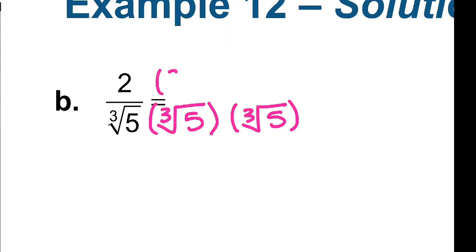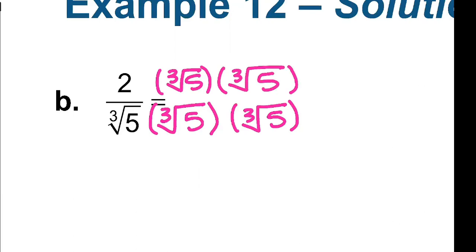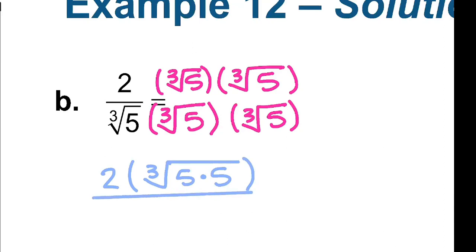And you're going to do the same thing on the top. So you did it 2 more times on the bottom. You're going to do it 2 more times on the top. When you write this, you're going to have 2 times the cube root of 5 times 5, because if the radical is the same, you can just multiply what's underneath them.